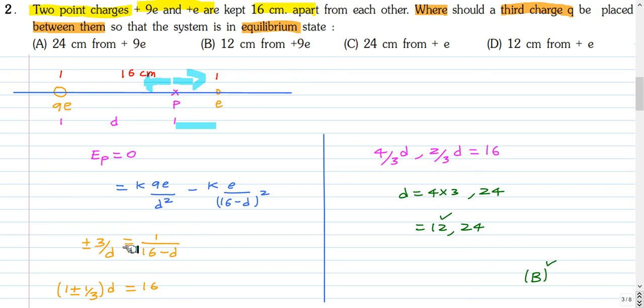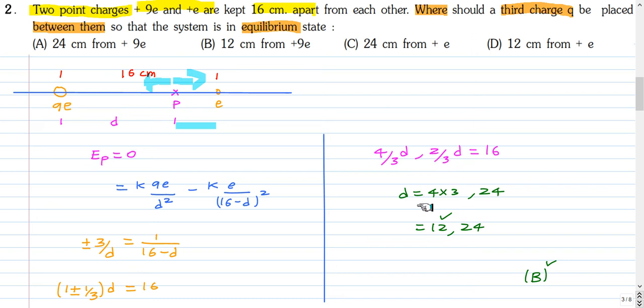So simplifying, k can be cancelled and e can be cancelled, and taking square root we get square root of 9 as plus or minus 3. We have to take both the signs. So from this we get 16 equal to 1 plus or minus 1/3 into d. So taking positive sign we get 4/3 d, and negative sign will give 2/3 d.